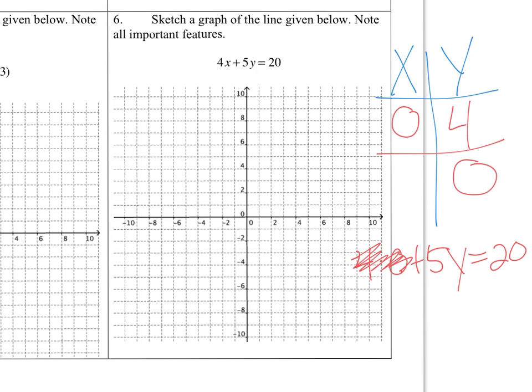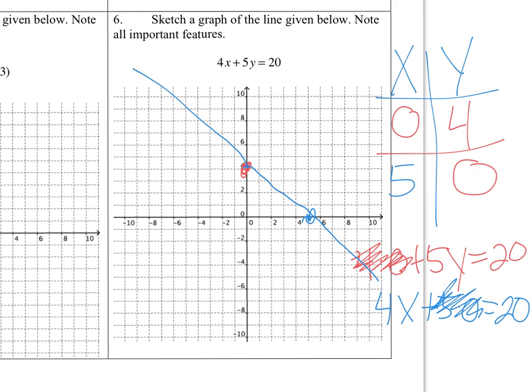That number is 4. 0 and 4. And then if I've got 4 times x plus 5 times 0 is equal to 20, well, that part goes away now, because 5 times 0 is 0. And 4 times 5 is 20. There's 5. My line's going to go right through those points, and I've already identified both my x and my y intercepts.